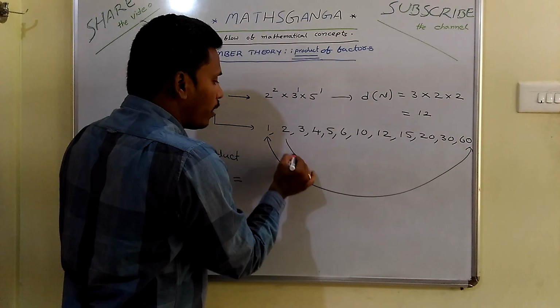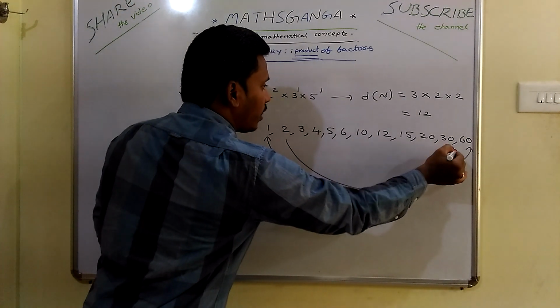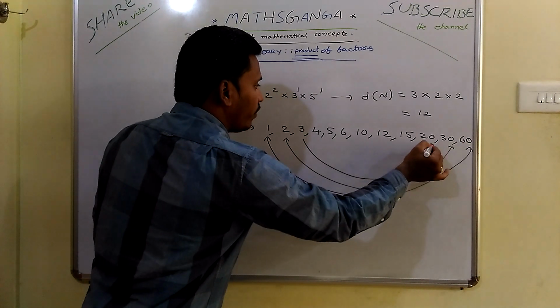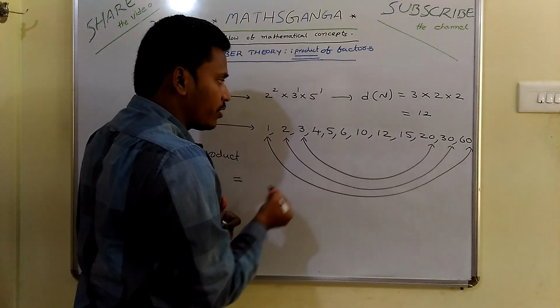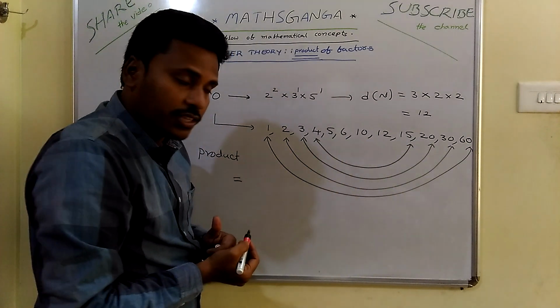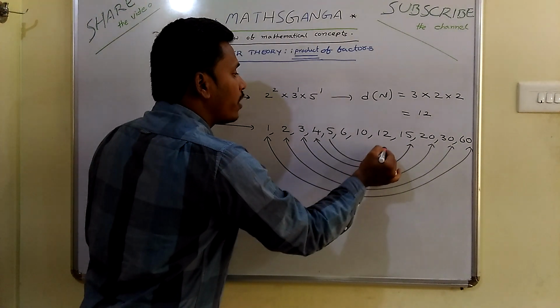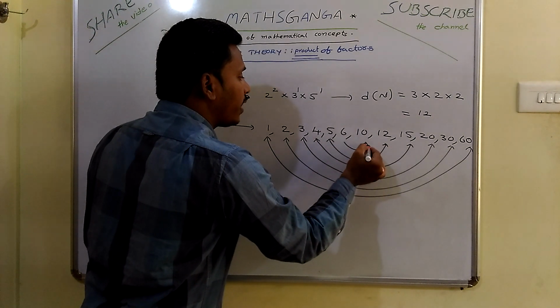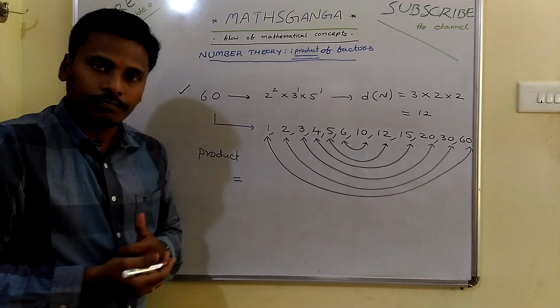If you multiply 2 with 30, the product is 60. Multiplying 3 with 20, the product is 60. The multiplication of 4 and 15, the product is 60. Multiplication of 5 and 12, the product is 60. Multiplication of 6 and 10, the product is 60.